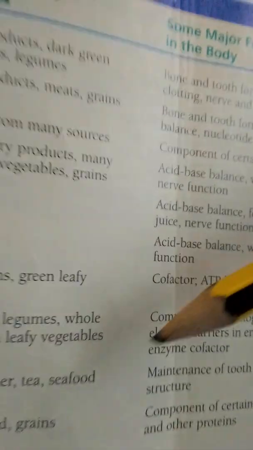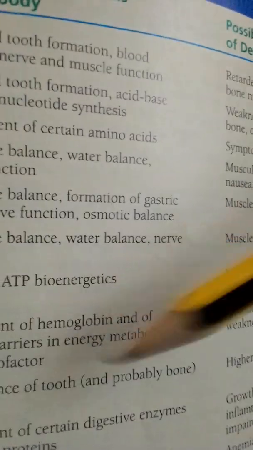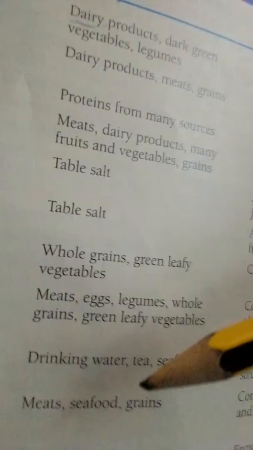Iron, Fe: meats, eggs, legumes, whole grains, green leafy vegetables. Component of hemoglobin and electron carriers in energy metabolism, enzyme cofactor. Iron deficiency: anemia, weakness, impaired immunity. Fluorine, F: drinking water, tea, seafood. Maintenance of tooth and probably bone structure. Deficiency: higher frequency of tooth decay.